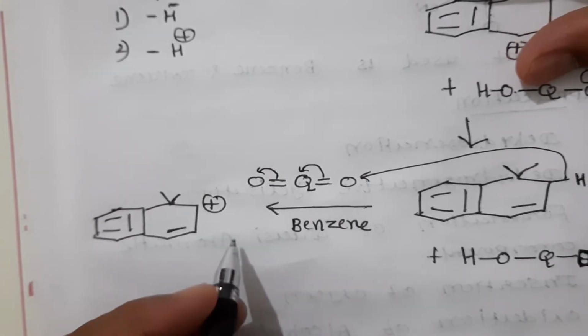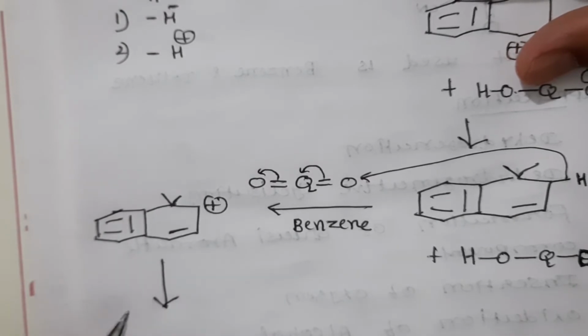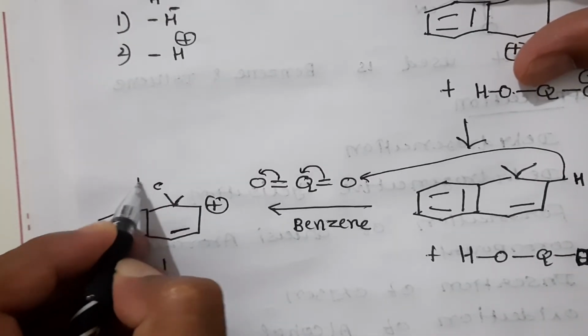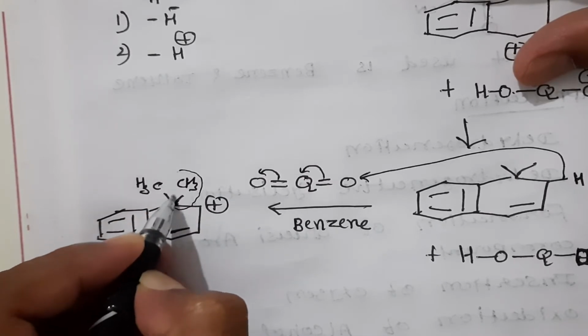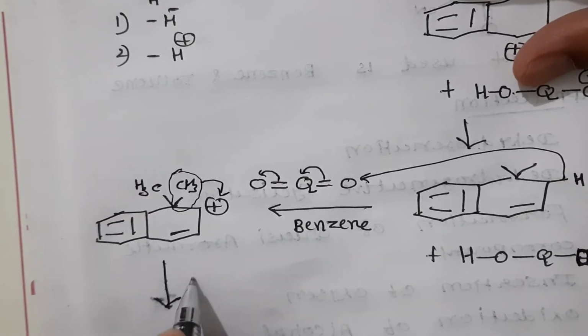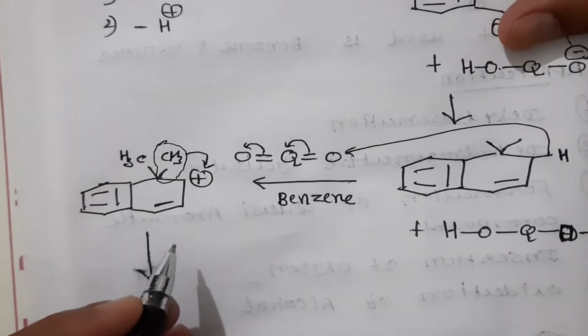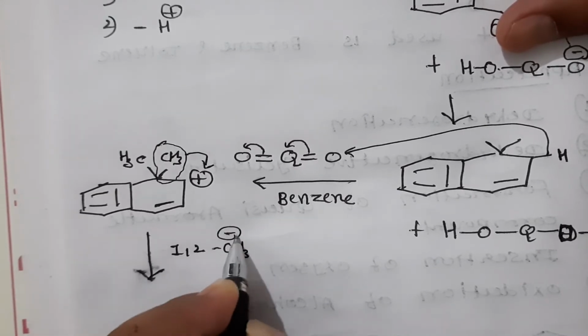But here rearrangement takes place and the more stable carbocation is formed. This is the methyl group, and here this methyl is migrated from this carbon to here, and this is called 1,2 methyl shifting.